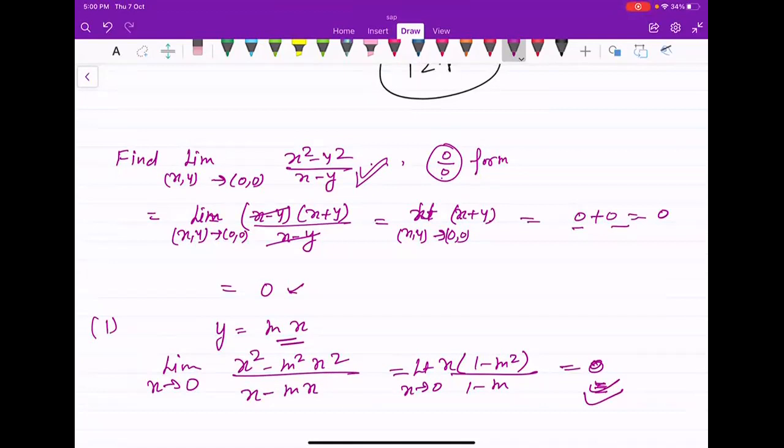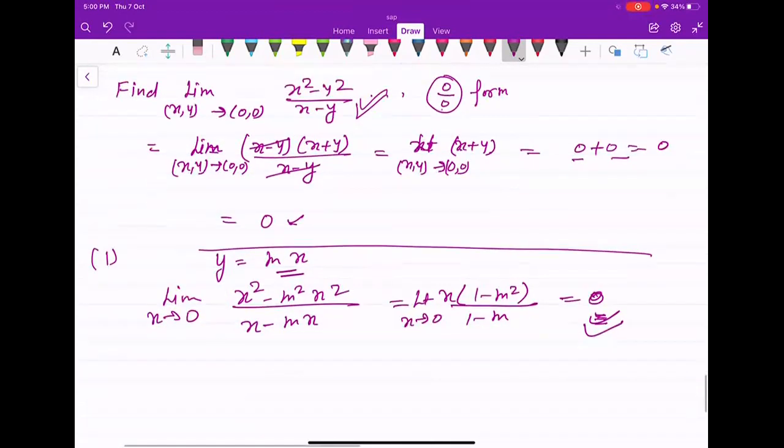When the limit depends on m, then it is sure the limit does not exist. When it does not depend on m, we can say the limit may or may not exist. Why is it so? Because the two-path test is only for non-existence of the limit.